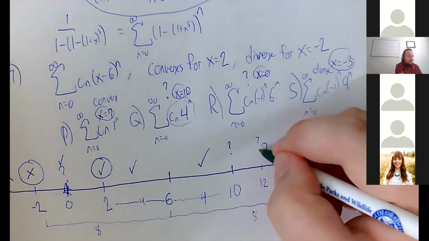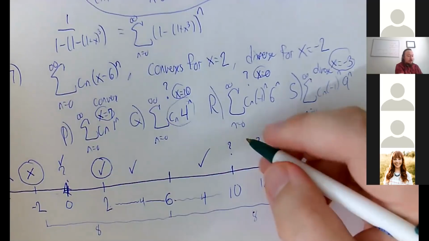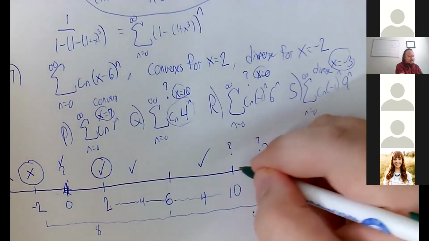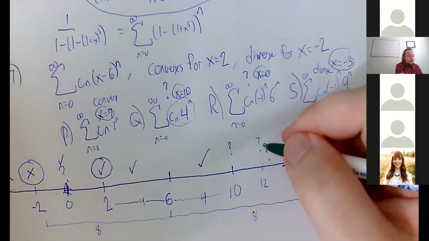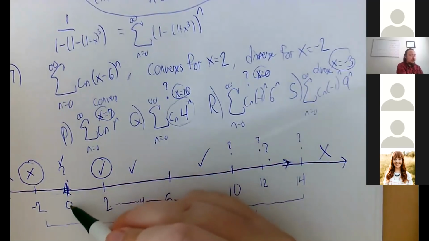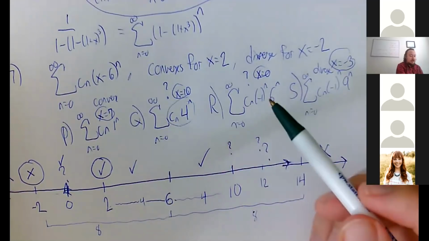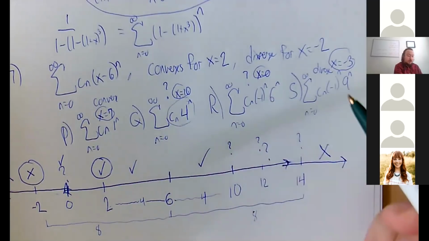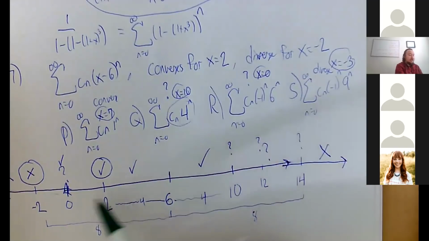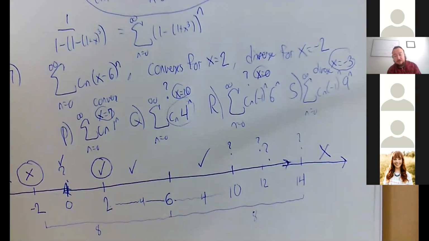But since it's an endpoint, we don't really know. 12 would still be in question, but then anything from 10 to 12 would be okay. So if we got this additional information where x is 0, then we could state definitively that, yes, this one would converge. But we would need even more data points to get the other ones. So it's just knowing whether more points converge or not.